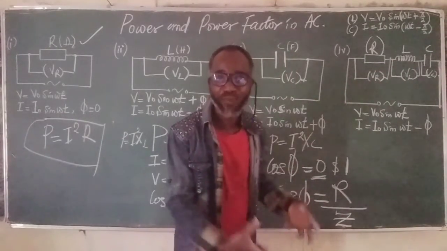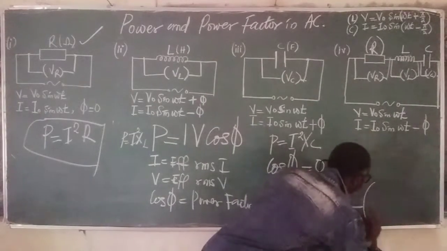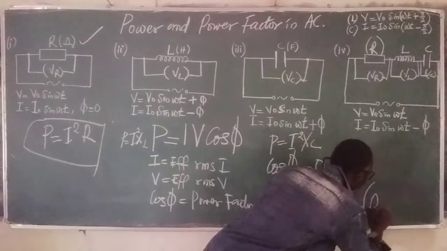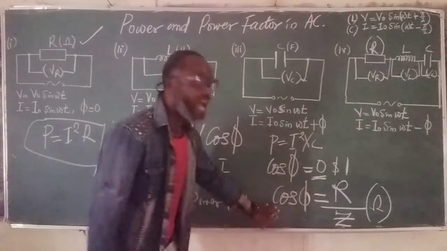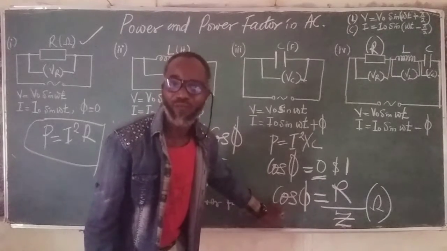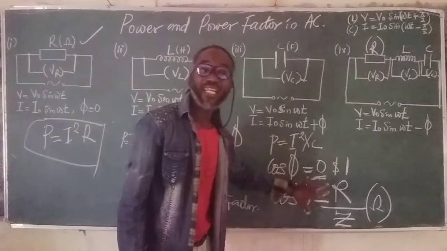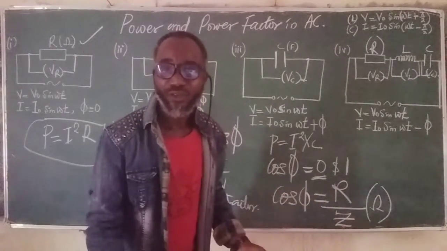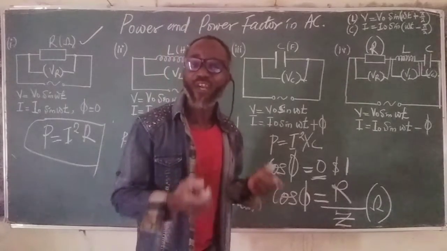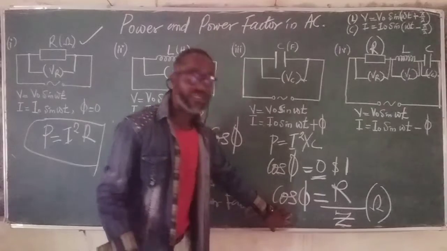So we find the impedance. The impedance is Z. And both parameters are measured in ohms. If we do this, we have succeeded in calculating the power factor. If we take note of this and apply it while solving any question, we will arrive at a concrete answer. And that is all. So take note of this.